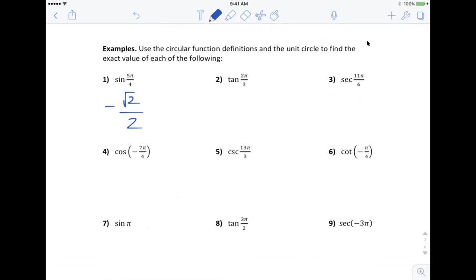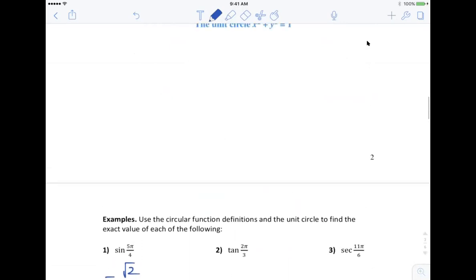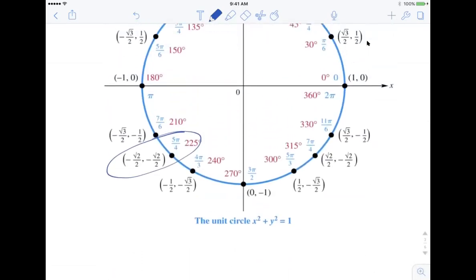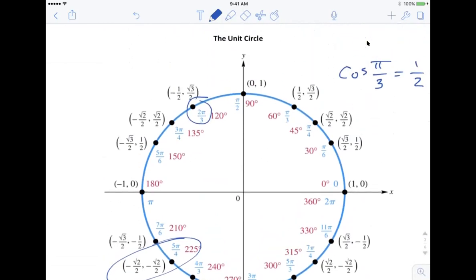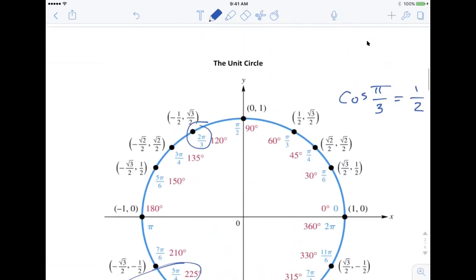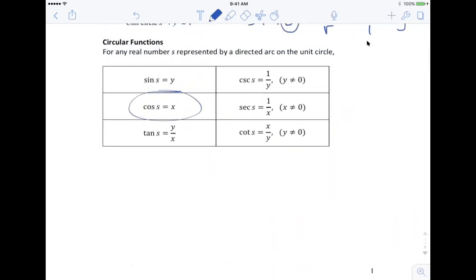How about for tangent? So number 2 is tangent 2 pi over 3. So I'm going to find 2 pi over 3, right, which is here. Okay. Tangent, remember tangent is sine over cosine, or y over x. Sorry, I hope I'm not getting you seasick by all this page scrolling. Y over x.